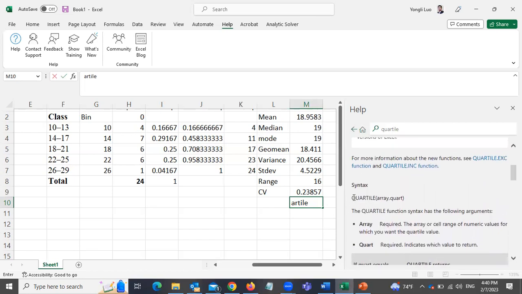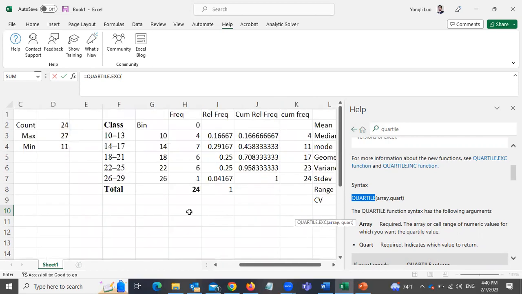Then equal to QUANTILE.EXC, and then you select all the data here.